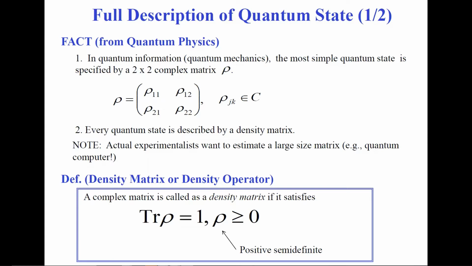It is a very well-known fact in quantum physics or quantum information, and every quantum state is described by a density matrix. This is, in a sense, from an axiom of quantum mechanics.